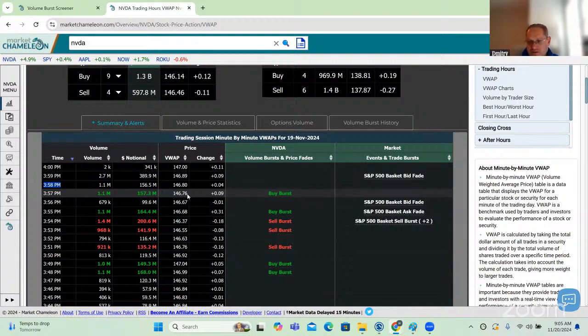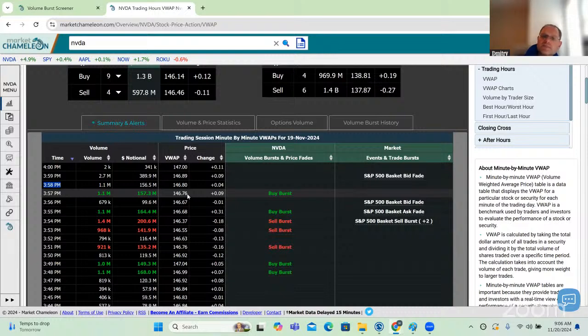You have a whole minute of trading, but we weight that by the volume of the trade. So if a lot more traded at a particular price, it's going to get more weighting. If a million shares traded at $100 versus 100 shares at $101, the $100 gets more weighting because way more shares traded at that price.